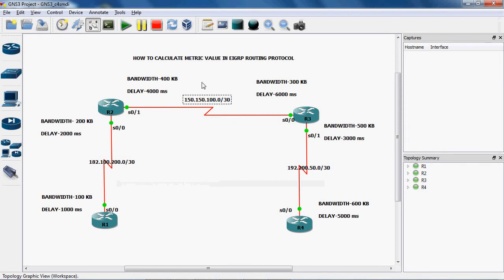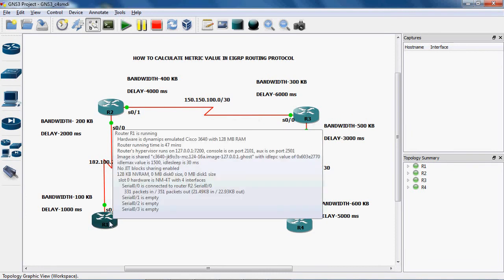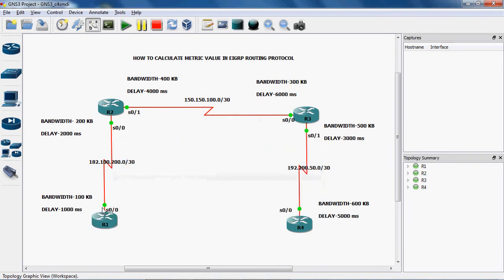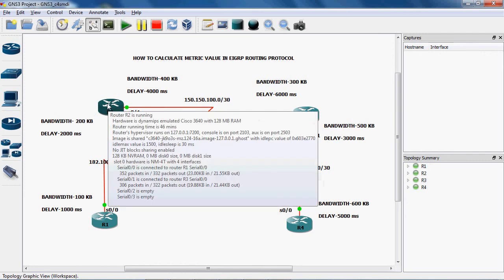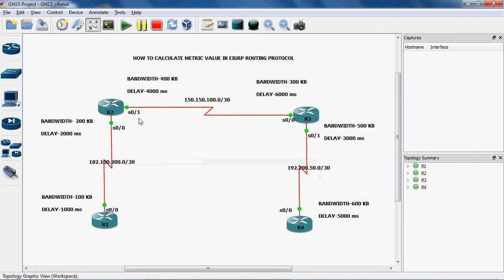Advertised distance means we just calculate this value, bandwidth and delay, because the R1 router reaches this network through serial 0/0 to R2, then from R2 through serial 0/1 to reach this network. So for the advertised distance we don't take the bandwidth and delay of the source, we take this value only, that is bandwidth and delay.